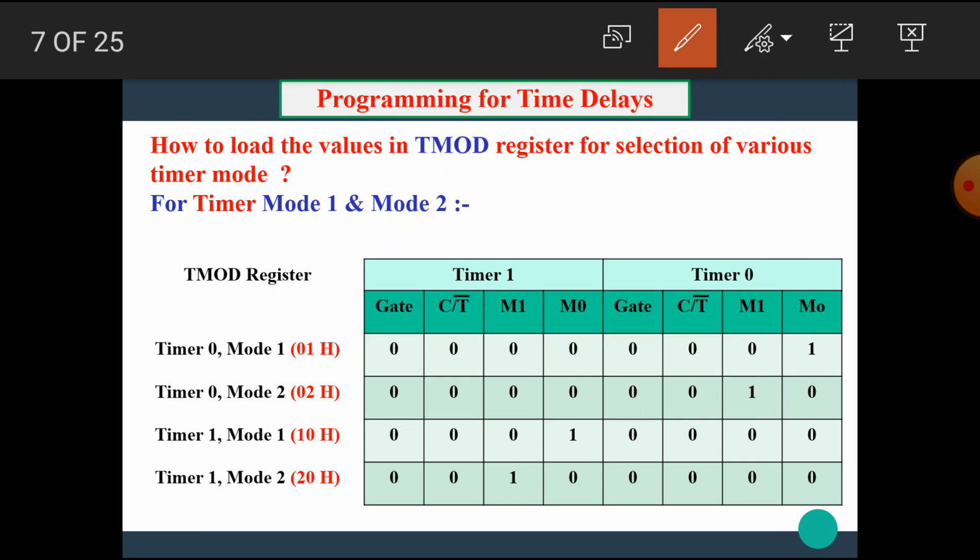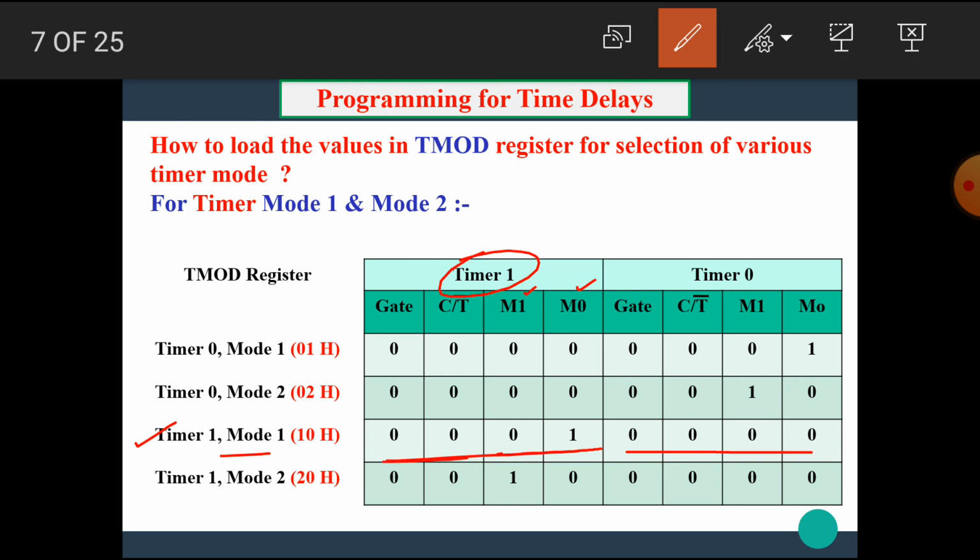Now if we want to select timer mode 1 of timer 1, we have to give the combination of M1 M0 of timer 1. We want it in mode 1, hence we give the combination 01. The other bits are 0.